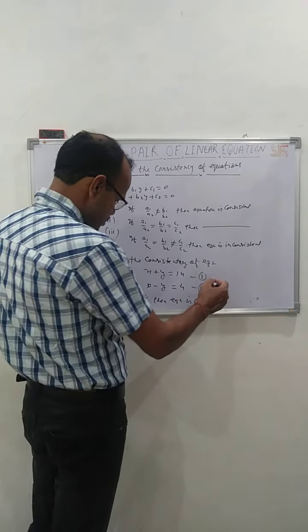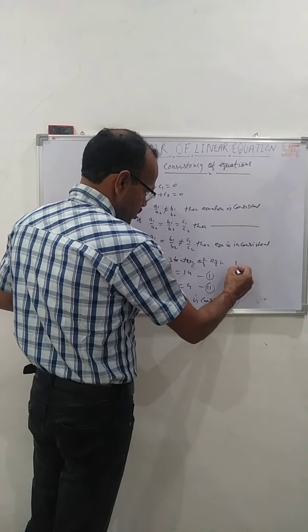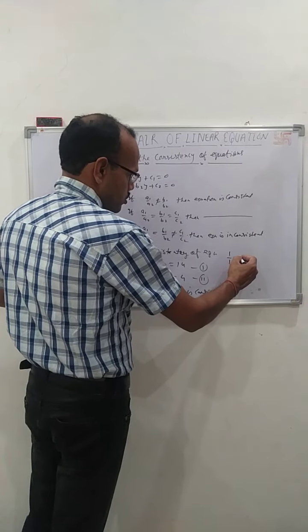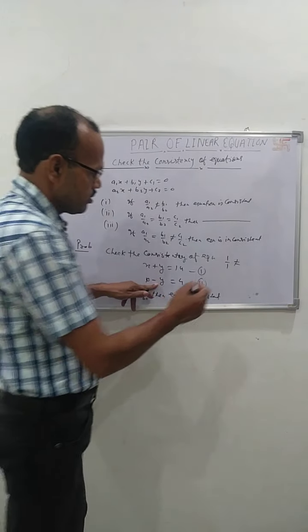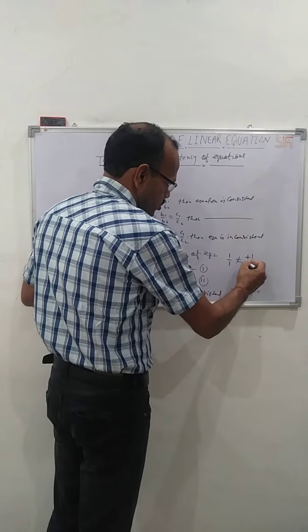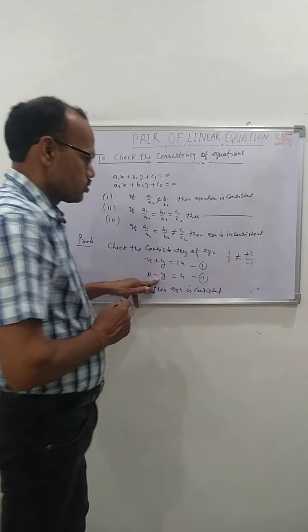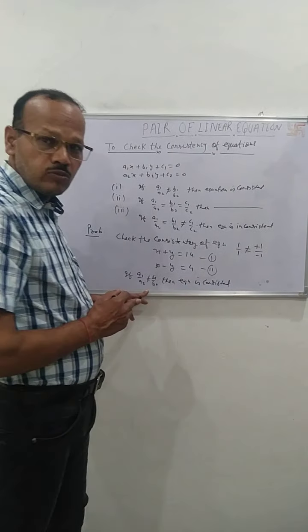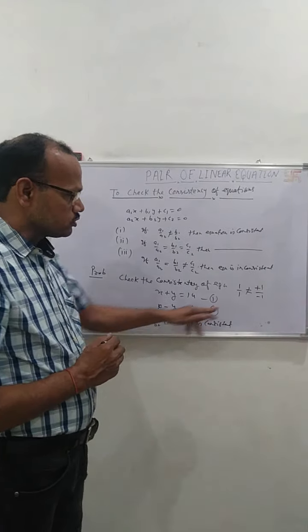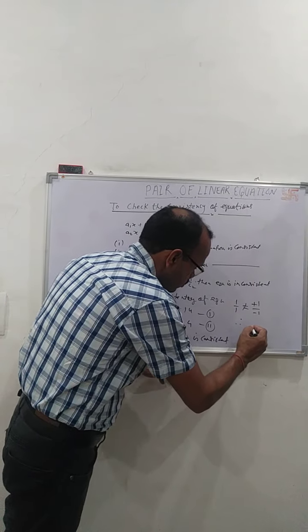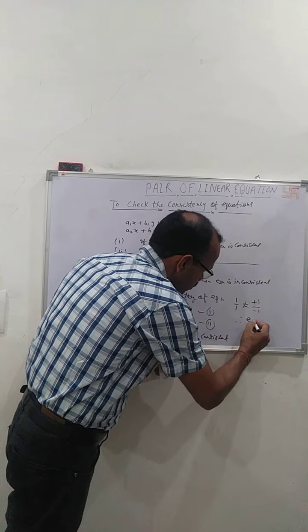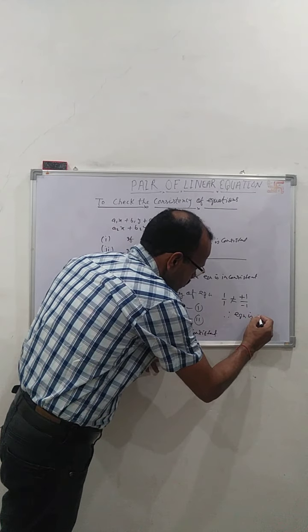So we place in the condition 1 divided by 1 is not equal to 1 divided by minus 1. So the system of pair of linear equations is consistent. Therefore the equation is consistent.